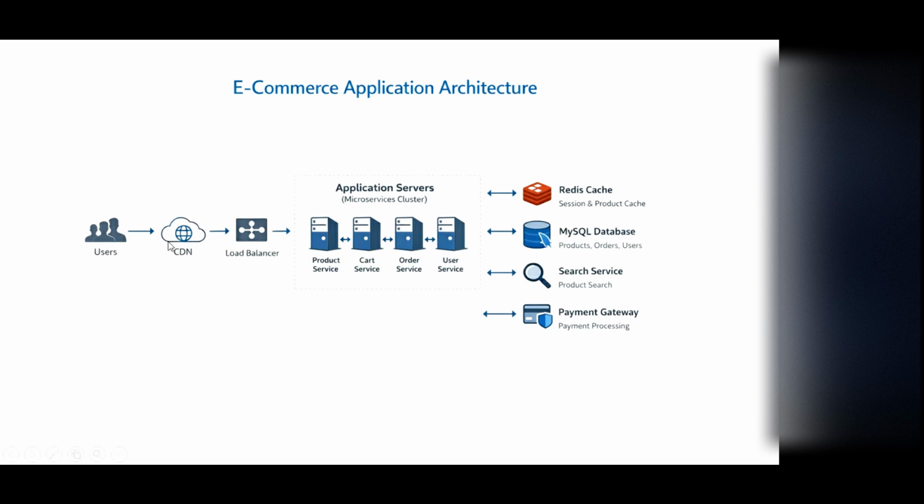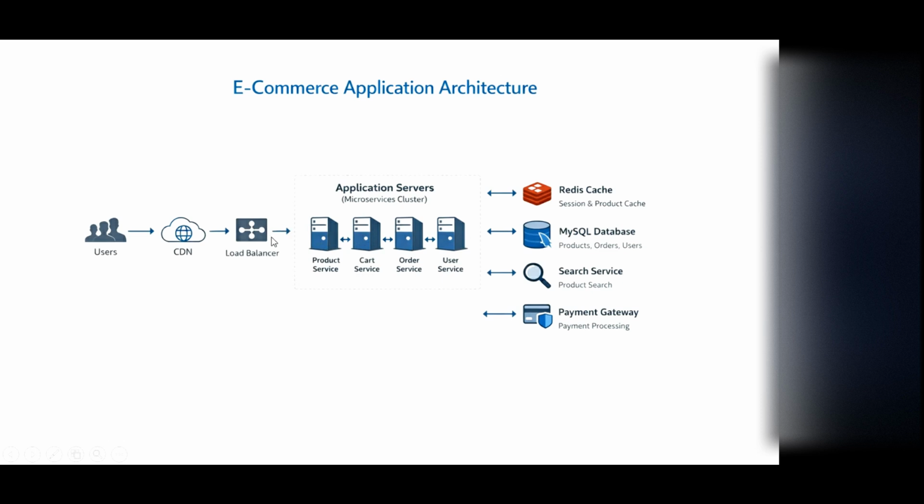If the data is not available in the CDN, it will hit that request to the load balancer. Let's say the user is searching for a particular product and that data is not available in the CDN. The request will hit the load balancer, which distributes the load in a proper way among all the available servers.